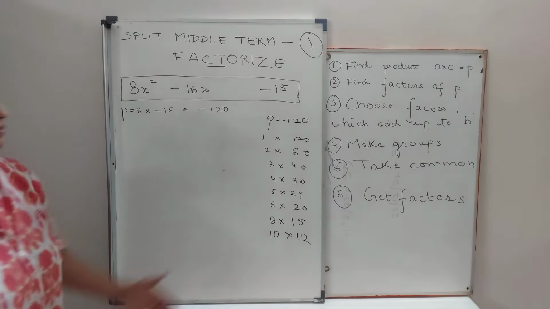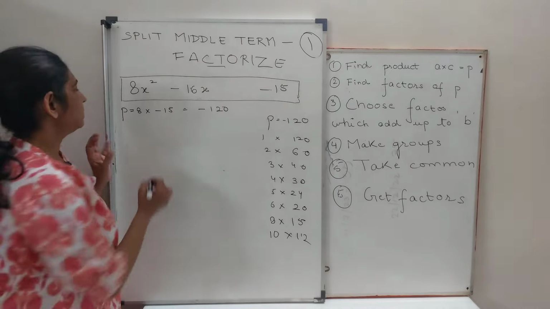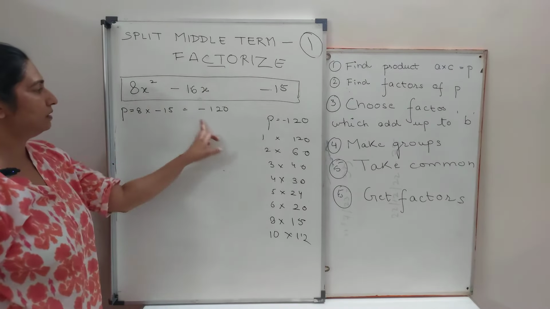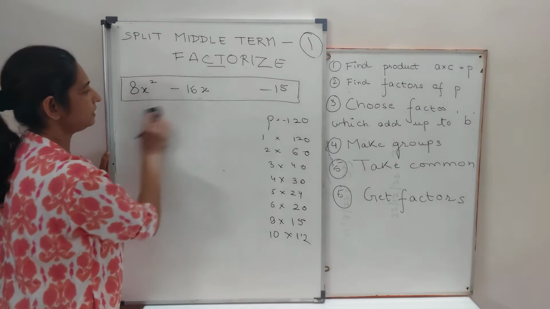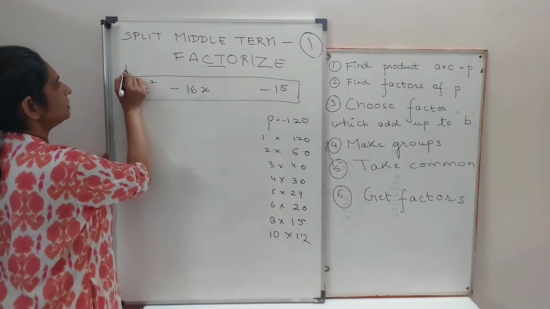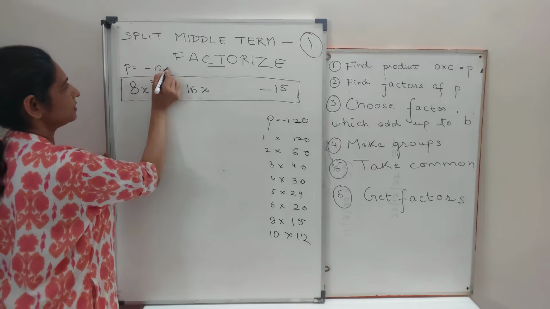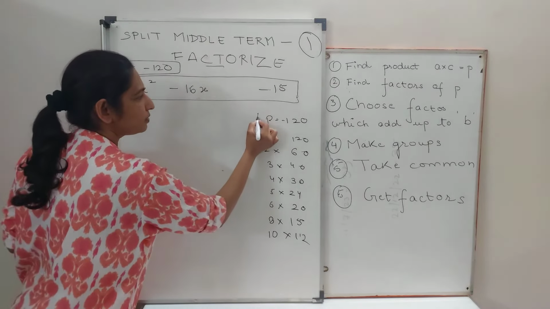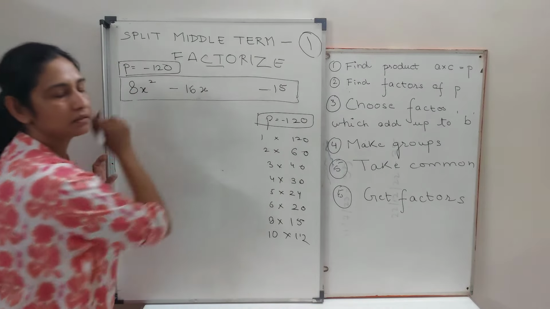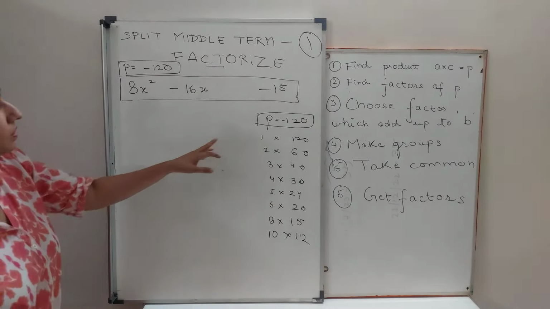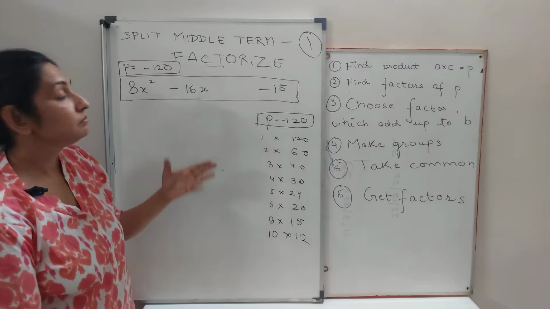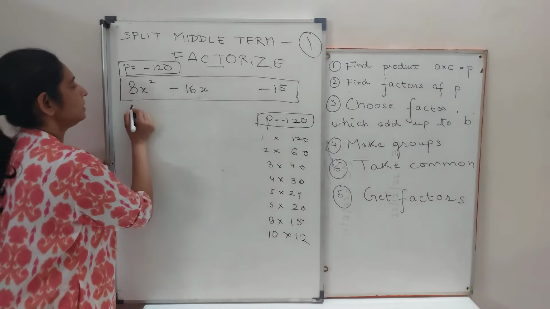Remember, these were the factors we got. Now what is our B? Product, we've got it as minus 120. Now the second purpose is to choose the factors which make up B. What is B?